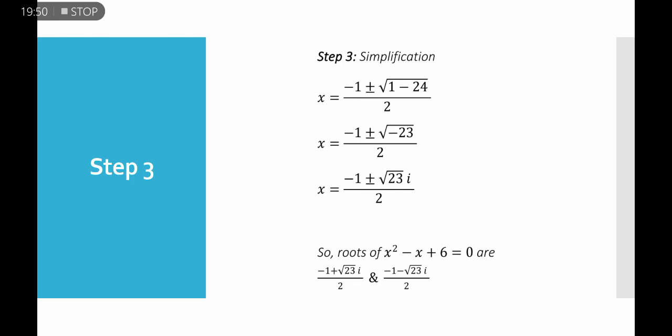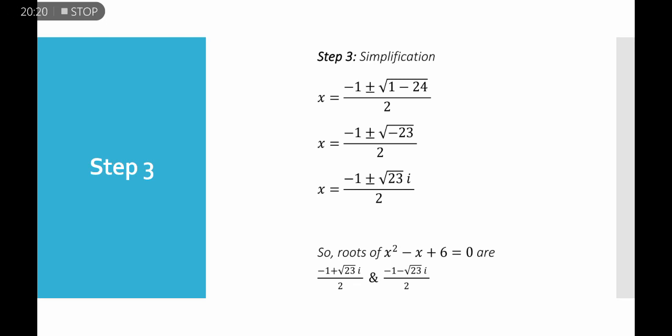Step 3. Simplification. x = (−(−1) ± √(1 − 24)) / 2, and then x = (1 ± √(−23)) / 2. The square root of −23 can be written as √23 i.